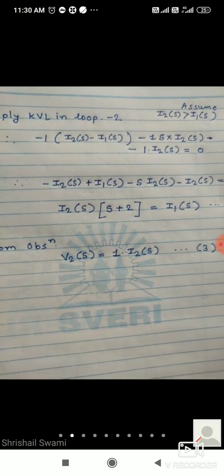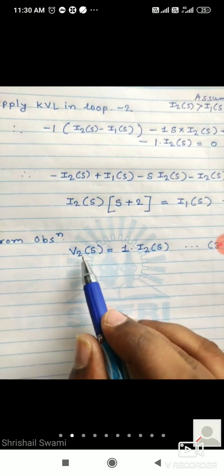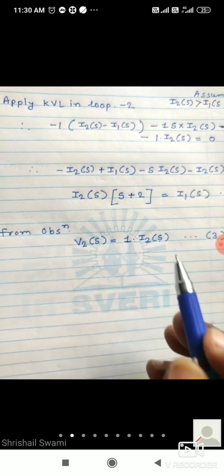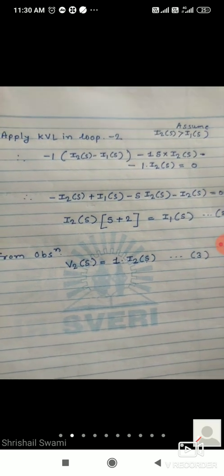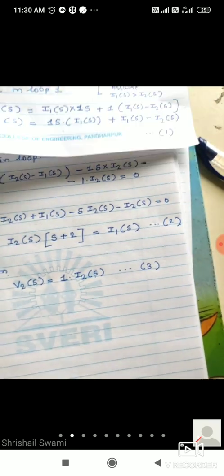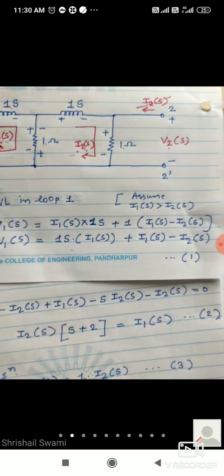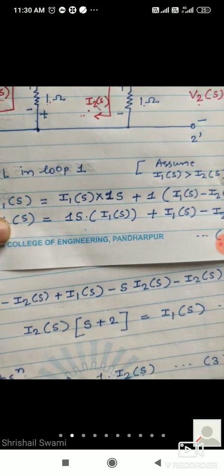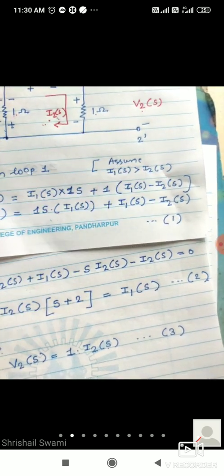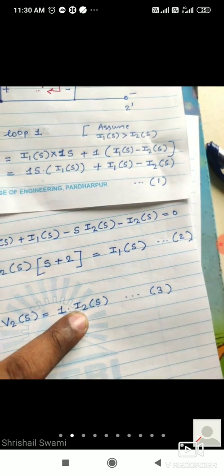आता तुम्हाला काय कॅल्क्युलेट करायचं, G12 of s. So that you can calculate. त्यात V2 of s is equal to 1 into I2 of s आहे. आता V1 of s कुठे आहे, V1 of s इक्वेशन नंबर 1 घ्या. इक्वेशन नंबर 3 रेडी आहे. इक्वेशन नंबर 1 मध्ये V1 of s is equal to I1 of s तुम्हाला रिप्लेस करायचं इन टर्म्स ऑफ I2, कारण इथं I2 ऑलरेडी आहे.